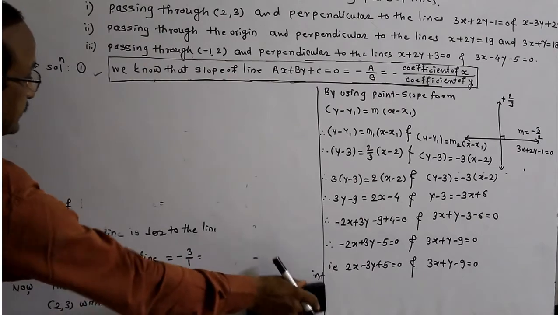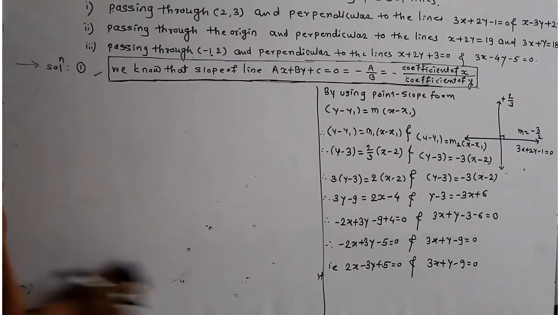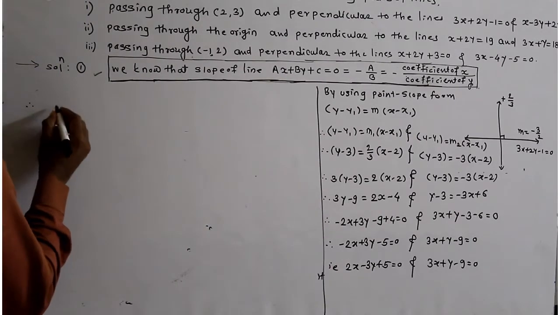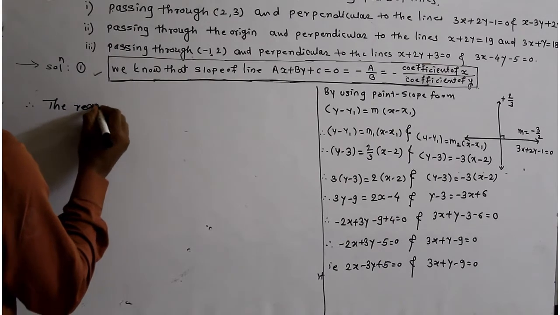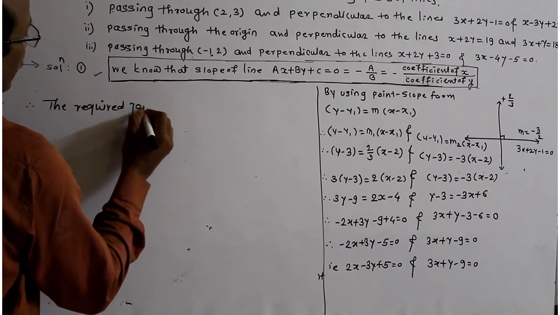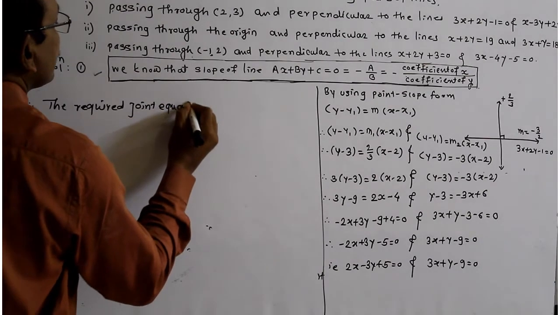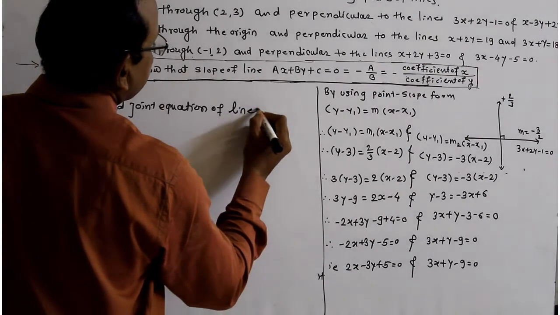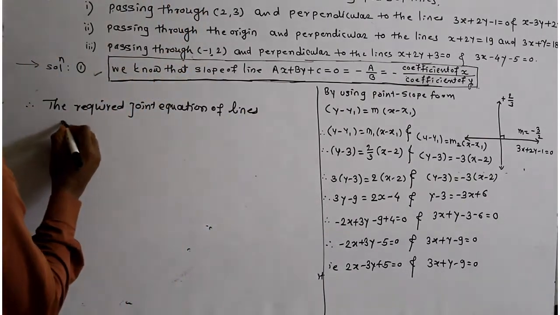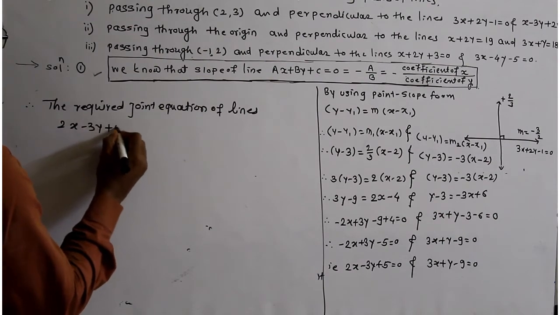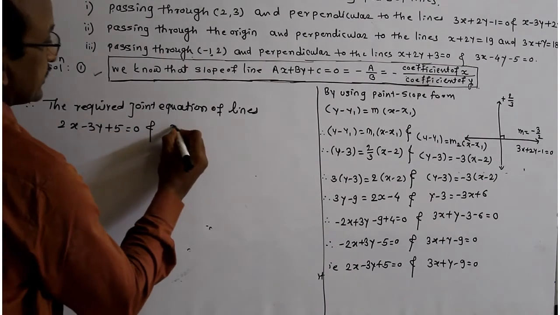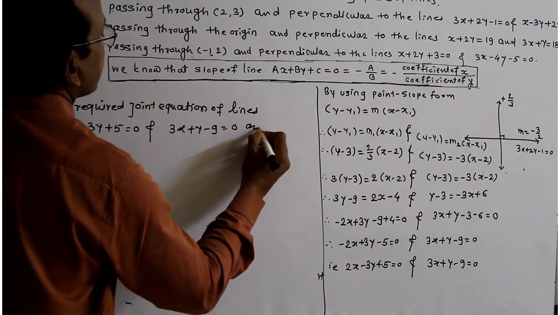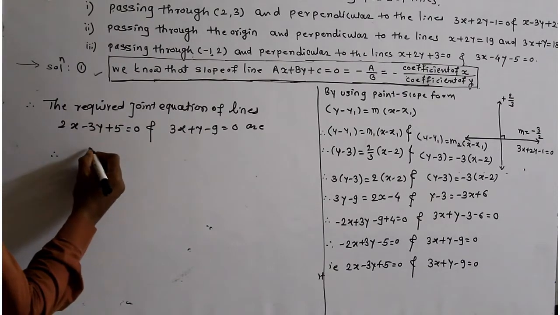Now to find the joint equation of these two lines, the required joint equation of the lines 2x minus 3y plus 5 is equal to 0 and 3x plus y minus 9 is equal to 0 is: what is the joint equation here?